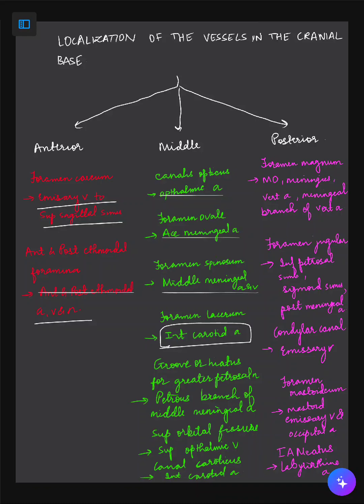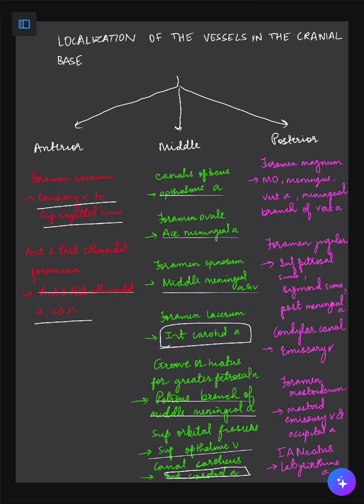It is important just to remember: foramen lacerum, internal carotid artery. Through the groove or hiatus of the greater petrosal nerve, the petrous branch of the middle meningeal artery passes. In the superior orbital fissure, there is the superior ophthalmic vein, and from the canalis caroticus, the internal carotid artery.